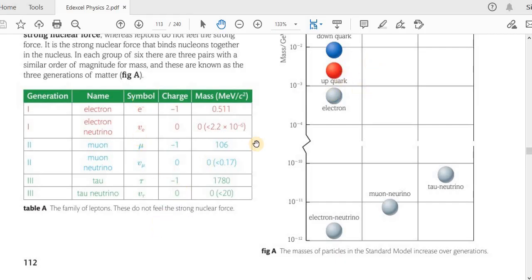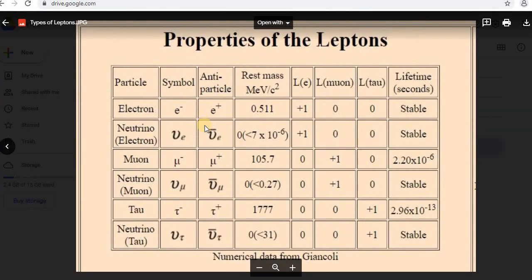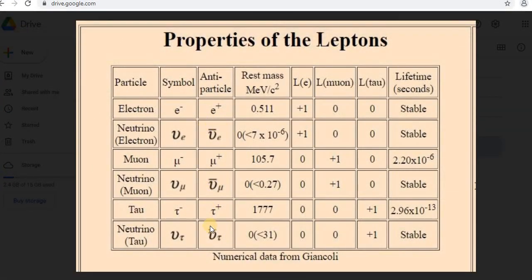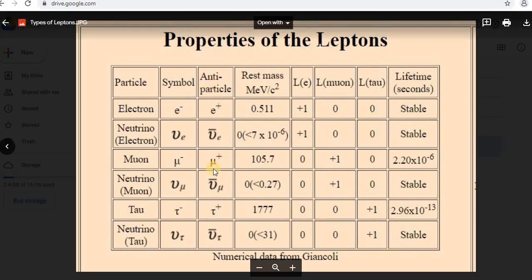Okay. So symbols are important because these symbols are even used in the nuclear decay equation. You will see in beta minus decay, beta plus decay. If it's an antiparticle, we use a bar on top, like what I have here in the notes, to indicate that it is the antiparticle.